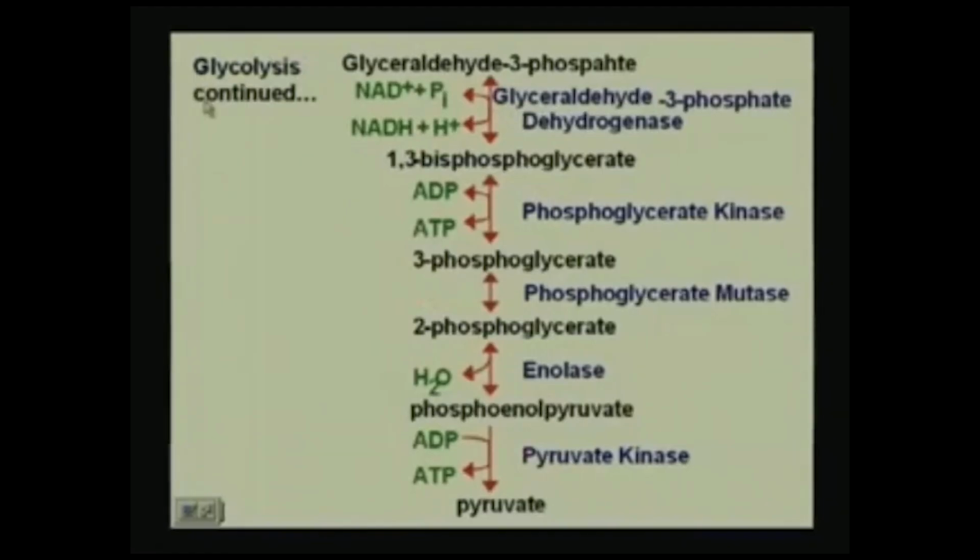So what is our glycolysis continued? We have glyceraldehyde 3-phosphate with glyceraldehyde 3-phosphate dehydrogenase, with the help of NAD plus and Pi, forming 1,3-bisphosphoglycerate.